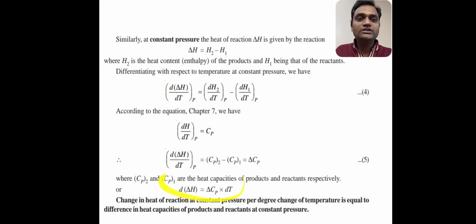In words, change in heat of reaction at constant pressure per degree change of temperature is equal to the difference in heat capacities of products and reactants at constant pressure.